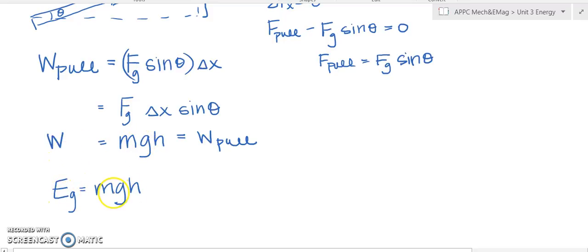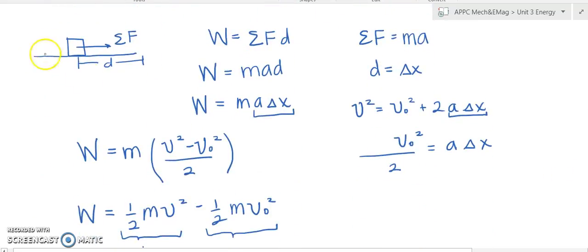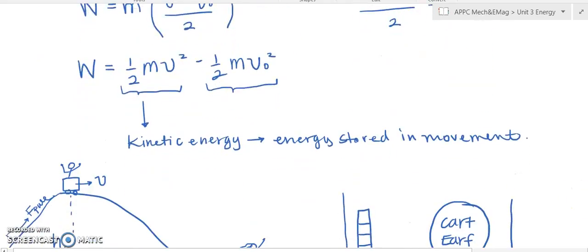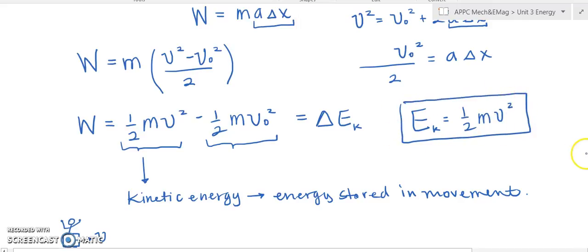So it became the energy stored in the gravitational field, E sub G. The work done by the pulling force in this case was equivalent to this change in kinetic energy. So delta means change, and that would be E sub K. We can also describe energy stored in its motion as 1/2 mv squared. Let me put that back in there. And y'all like a box, so I'll throw a box around it.